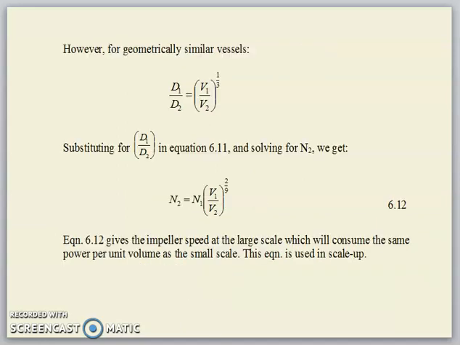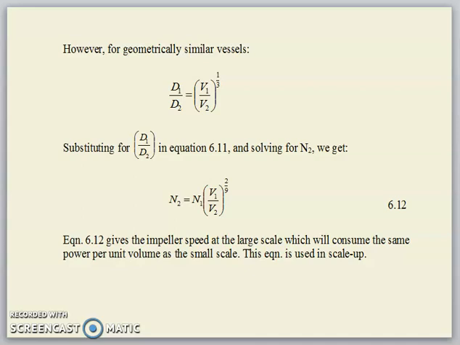However, for geometrically similar vessels, you can use the diameter, where D1 over D2 equals V1 over V2 to the power of 1 over 3, meaning that you have to take the cube root.